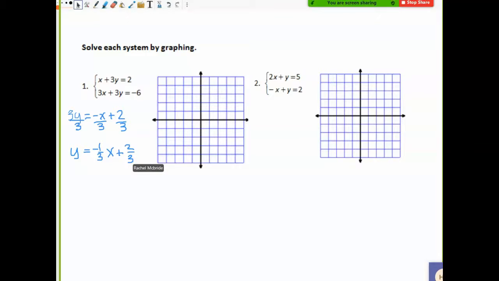And in the second equation, we have 3y equals negative 3x minus 6. Dividing everything by 3, we get y equals negative x minus 2. So if we start with graphing that second equation, it goes through negative 2 and has a slope of negative 1.